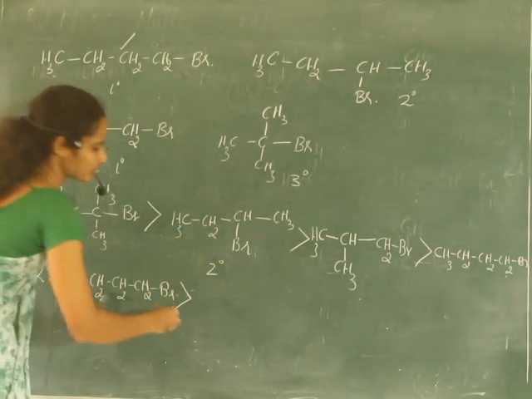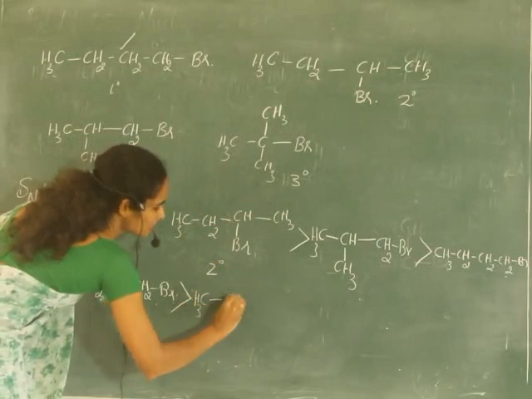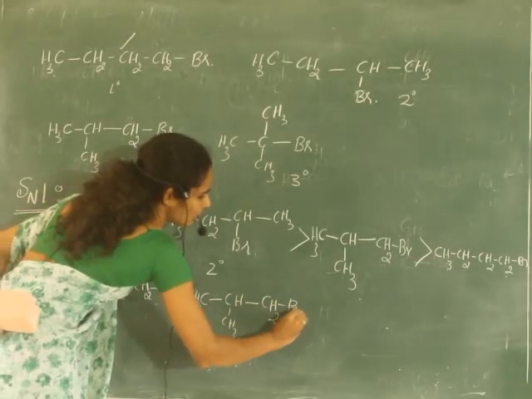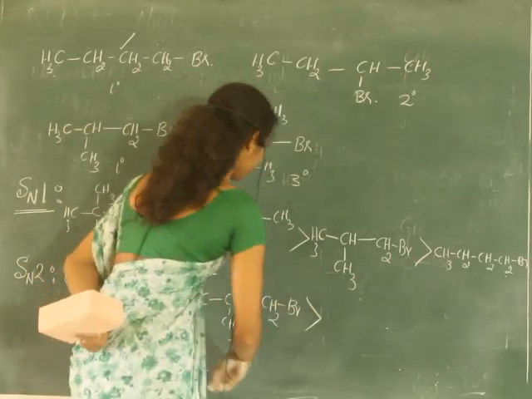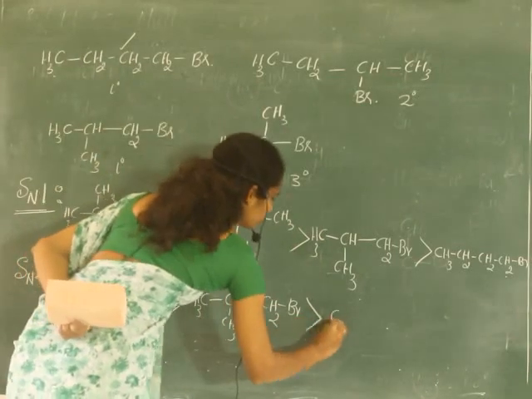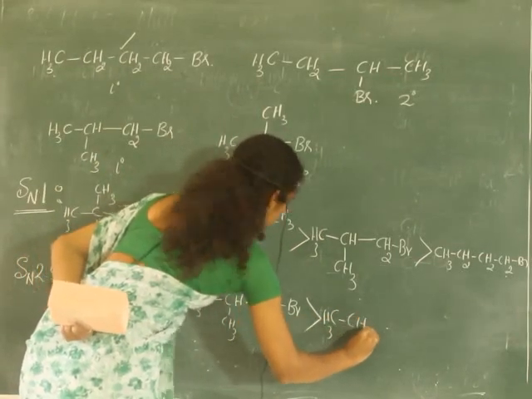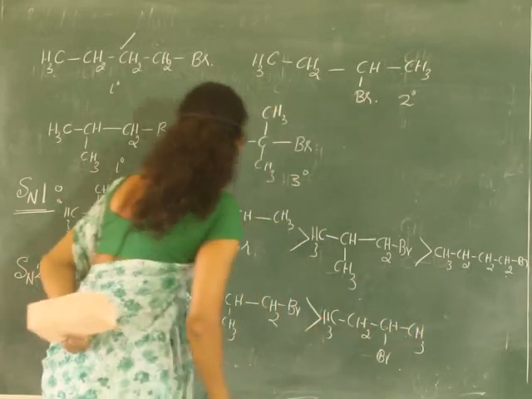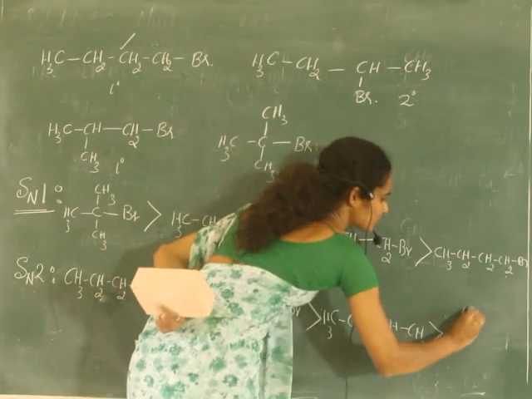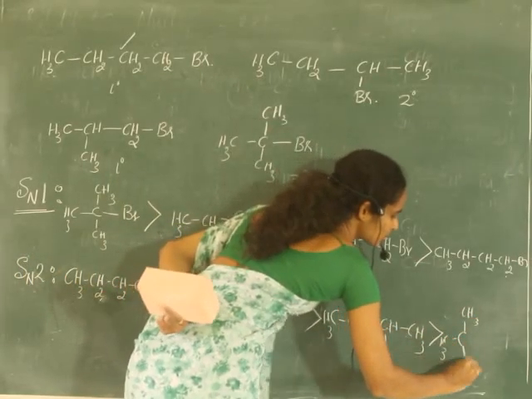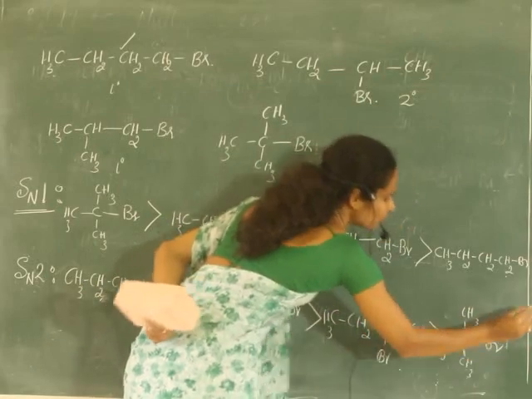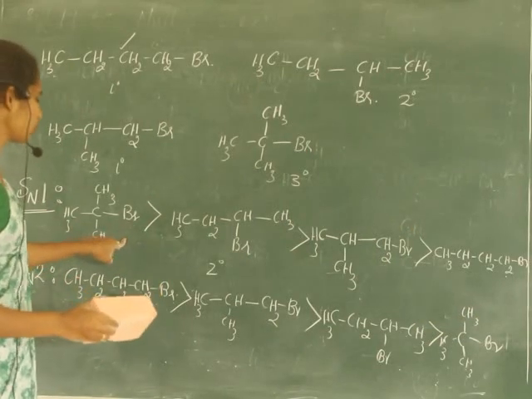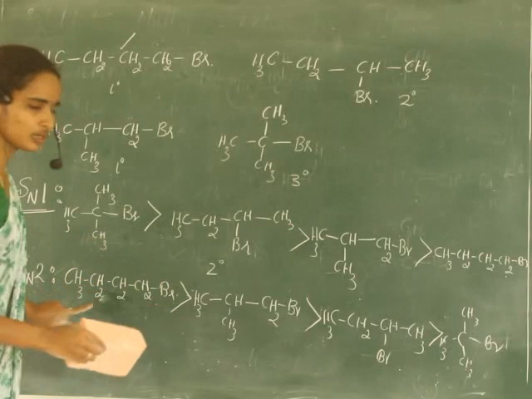After that, the reverse order: CH3CH(CH3)CH2Br, and next is the secondary compound, CH3CH2CHBrCH3, and last is the tertiary, (CH3)3CBr. So here the tertiary carbocation is more stable, but for SN2 the primary one is more reactive.